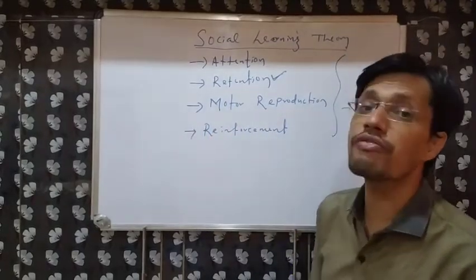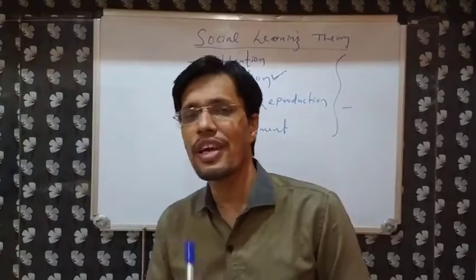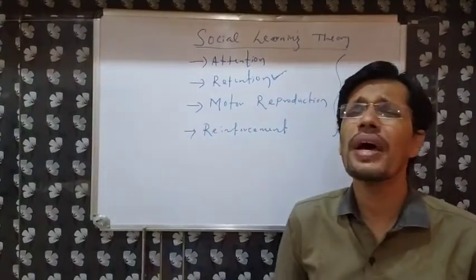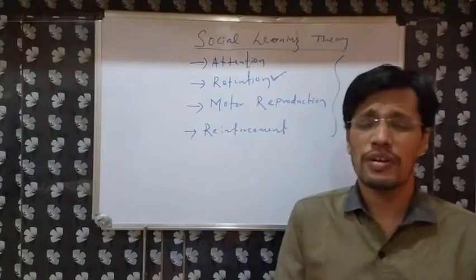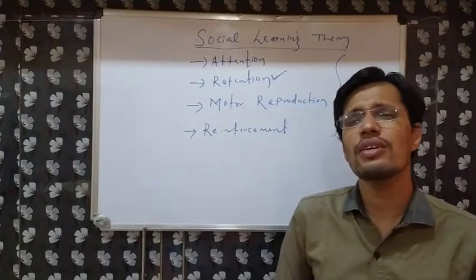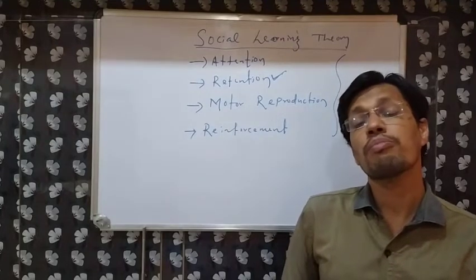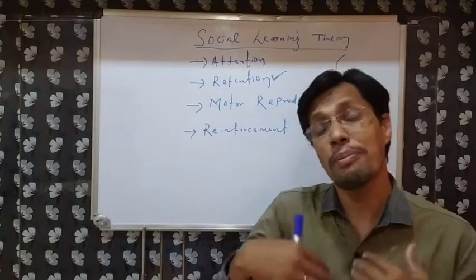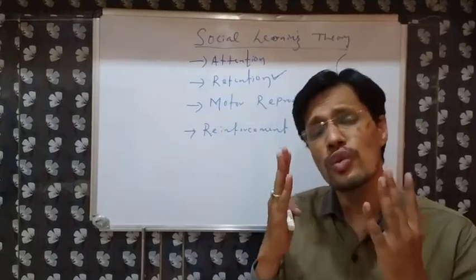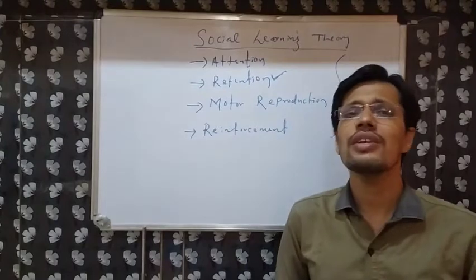Fourth is reinforcement. Reinforcement is that phase where the learner tries to produce the behavior he learned in order to achieve something in his life.